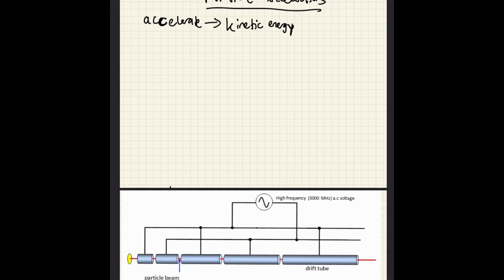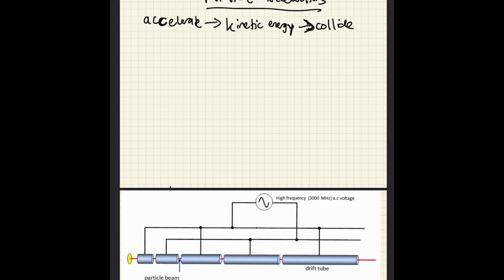Now, why do you want to collide particles? Well, think of it as colliding two trucks. When you collide two trucks at very, very high energy, what happens? The two trucks basically explode and all its interior spurts out. So, we can do the same with particles.